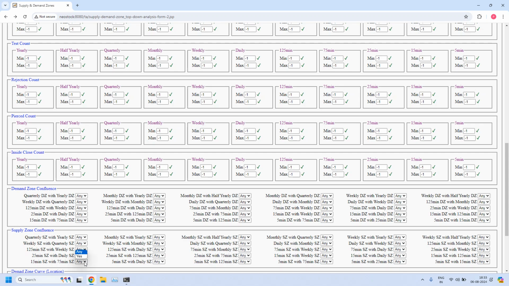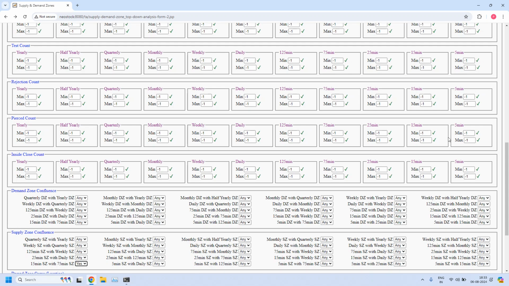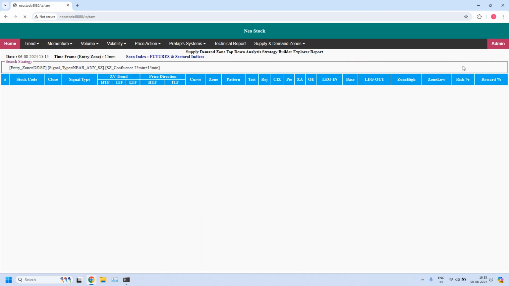So here we have a 15 minutes supply zone with 75. This is ITF confluence. Let us check. So none of the stocks have confluence with the 75 minute zone. Then there is no need of looking for HTF confluence. So all those stocks are not having any confluence with the 75 minutes time frame.